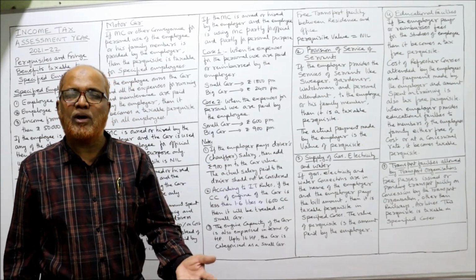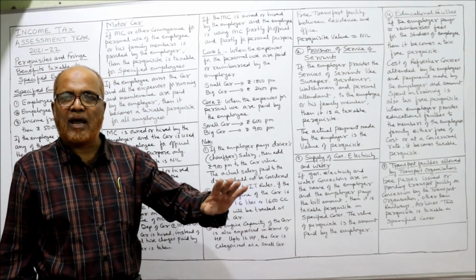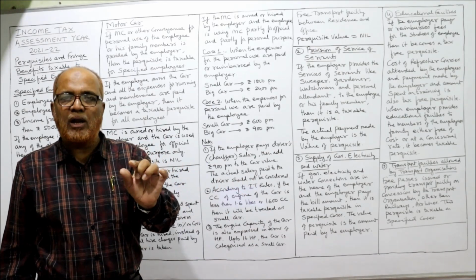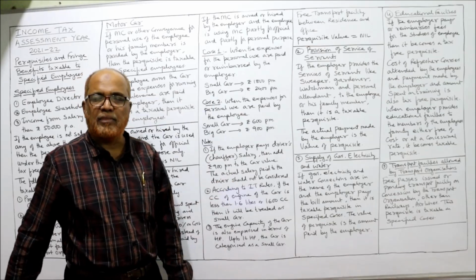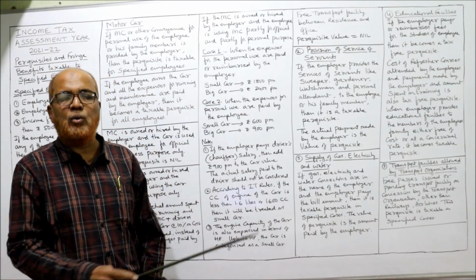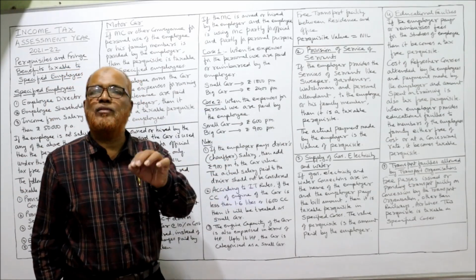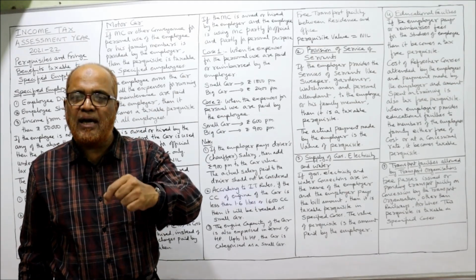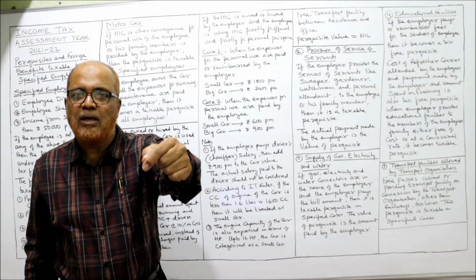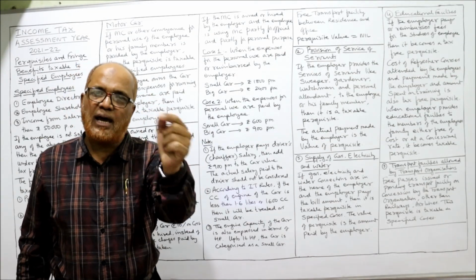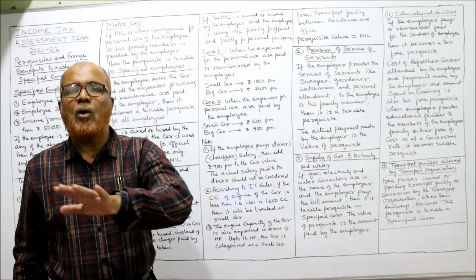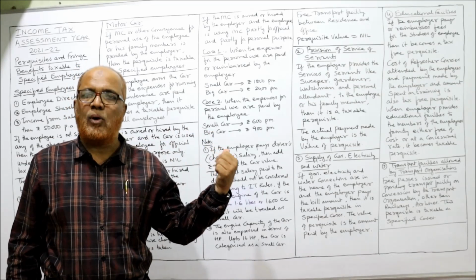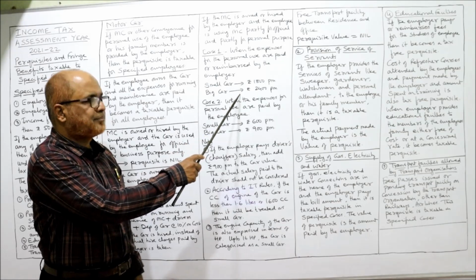When we call it a small car or big car, I will tell you. But right now you remember the provision. If it is a small car, 1800 per month. If it's a big car, 2400 per month is the value of the perquisite. This is the situation if the motor car is given for both personal and official purpose, and all expenses are paid by the employer.